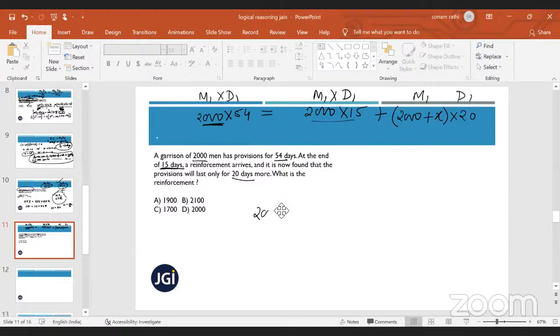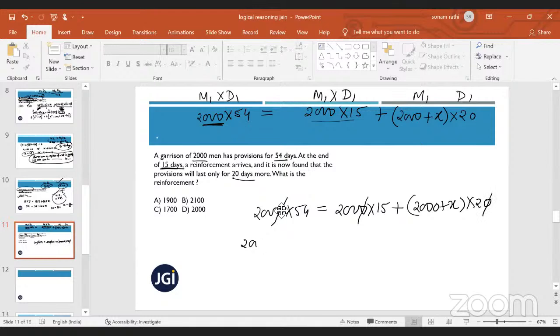So 2000 into 54 is equals to 2000 into 15 plus 2000 plus X into 20. See what all you can cancel out. So I can clearly see I can cancel 0 everywhere.